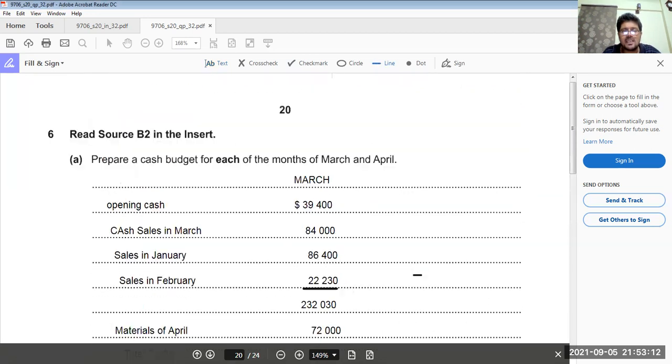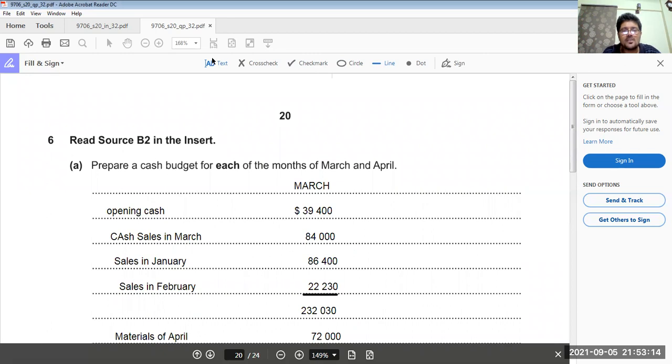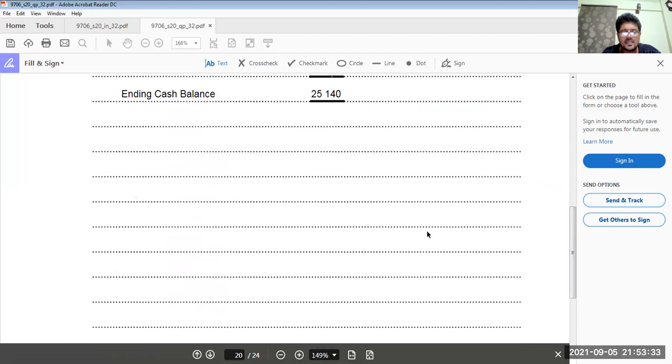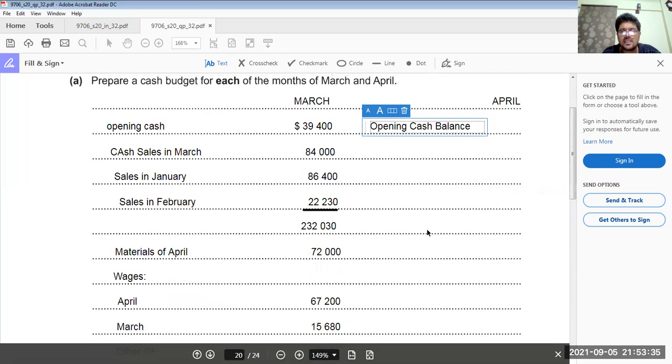So the ending cash balance of March must be opening cash balance for April. Done. Now we have to work for April.